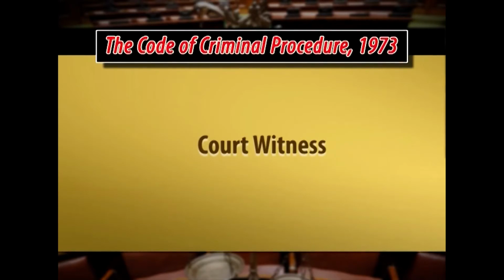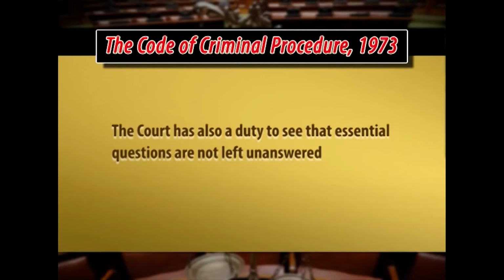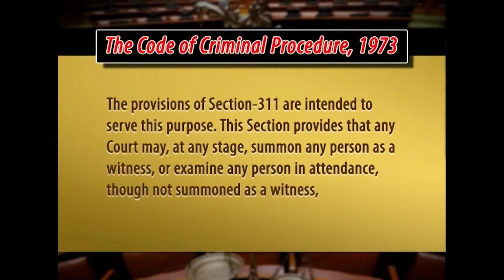The next stage of the criminal trial is court witness. In a criminal case, the fate of the proceeding cannot always be left entirely in the hands of the parties. The court also has a duty to see that essential questions are not left unanswered. The provisions of Section 311 of the code are intended to serve this purpose.